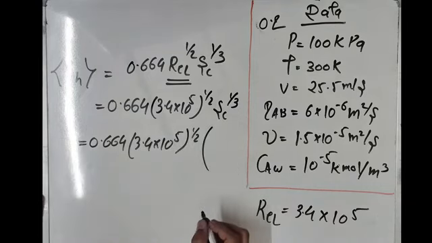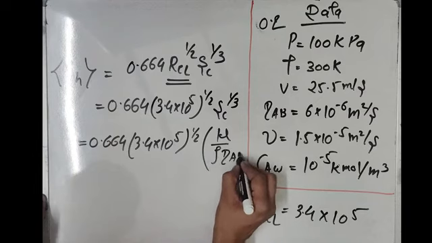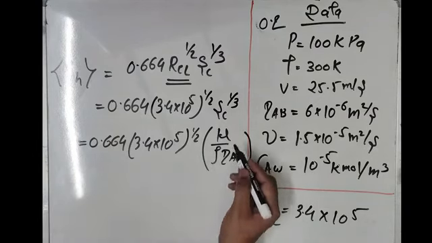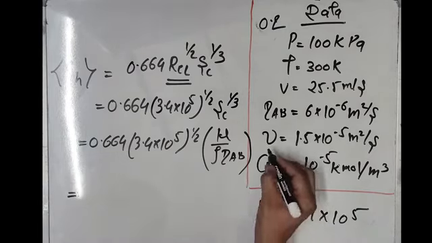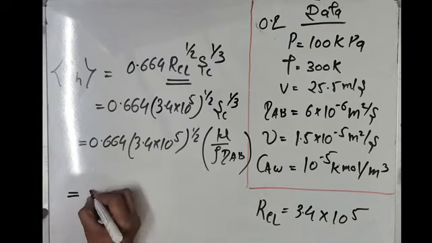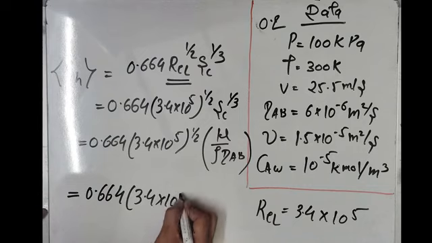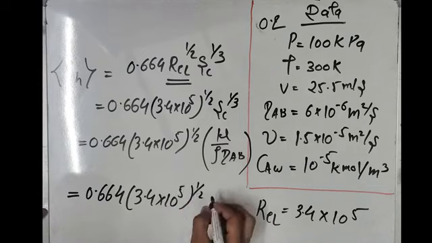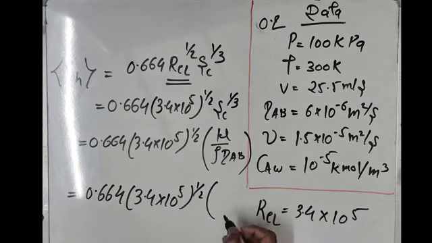The Schmidt number can be written as nu over rho DAB, where rho is the density, nu is the viscosity, and DAB is the diffusivity. In the question, we have been given the kinematic viscosity, so nu by rho can be written as the kinematic viscosity upon DAB.